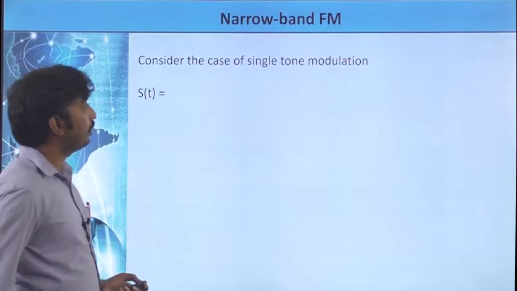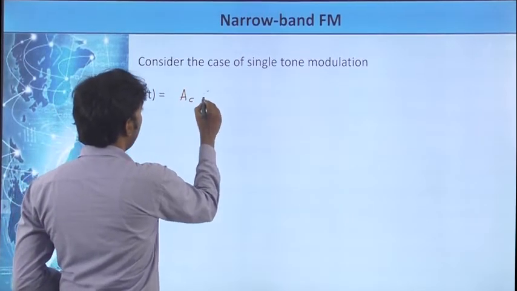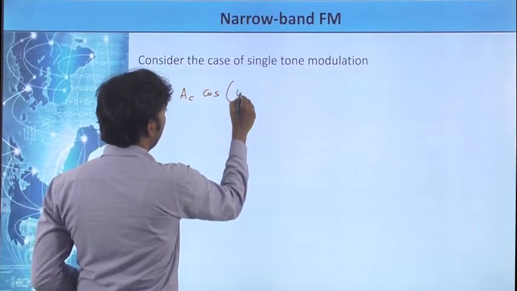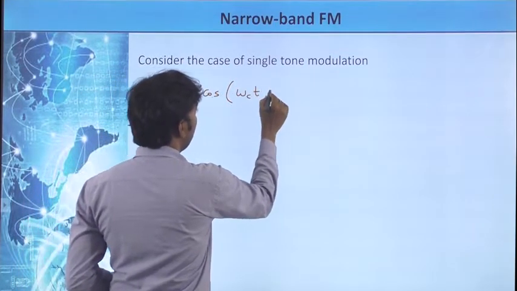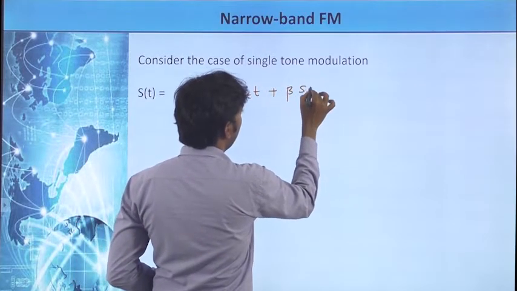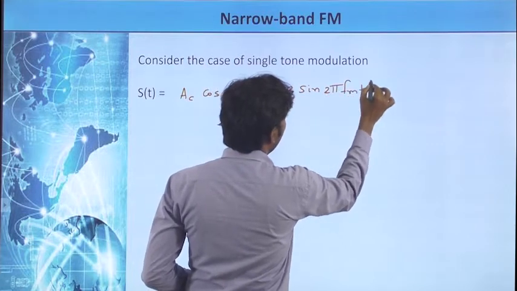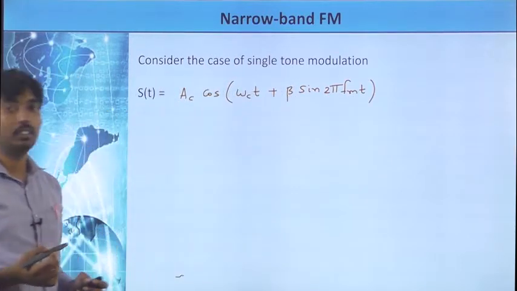Now consider the case of single tone modulation. The expression of S of t is AC cos of omega c t plus beta sin omega m t. I'm going to consider this expression.